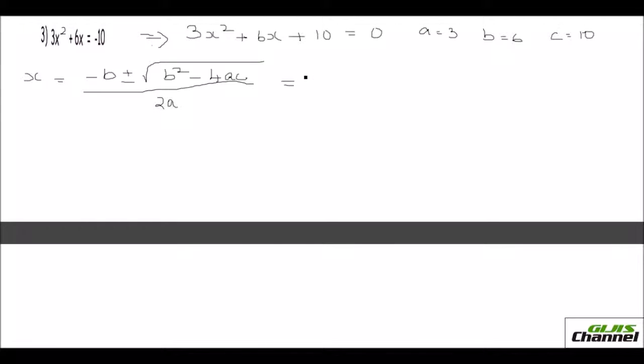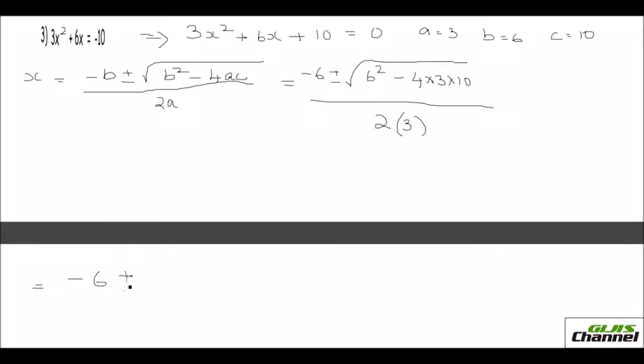So that would be minus 6 plus or minus square root of b square is 6 square minus 4 times a is 3 times c is 10, over 2 times 3. A is 3 here. So that would be equal to minus 6 plus or minus square root of 36 minus 120, over 6. Did you get that?